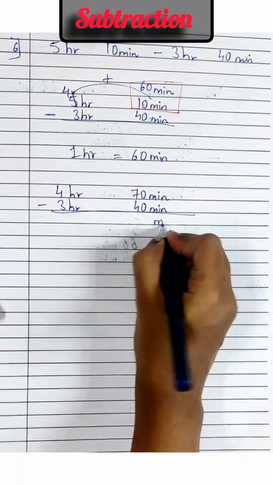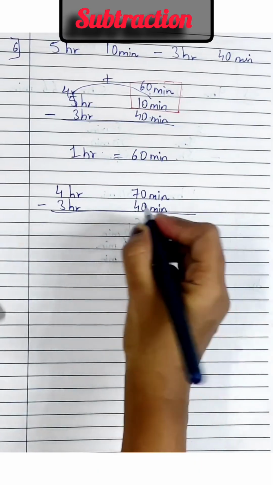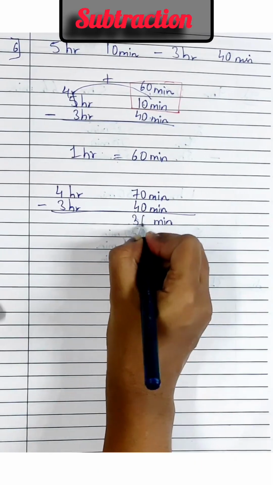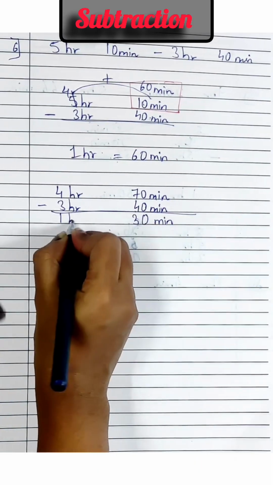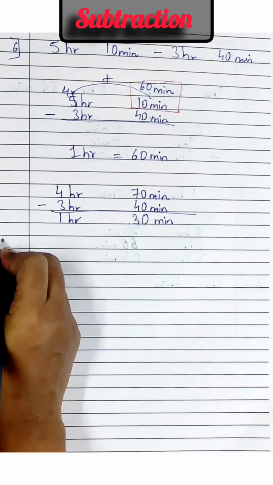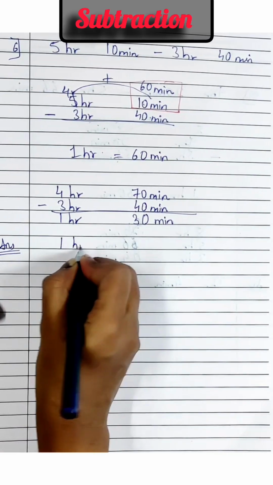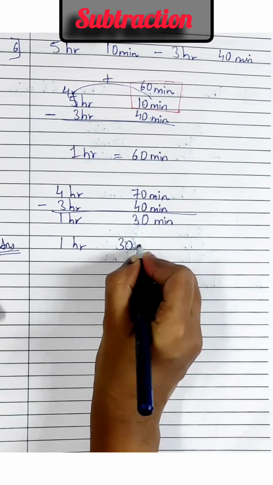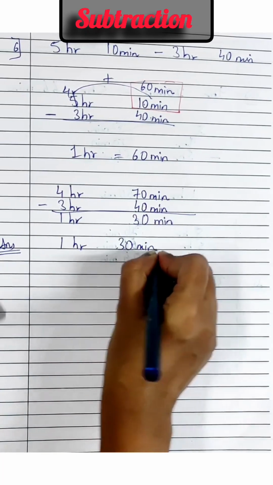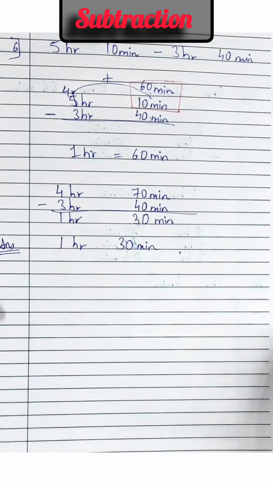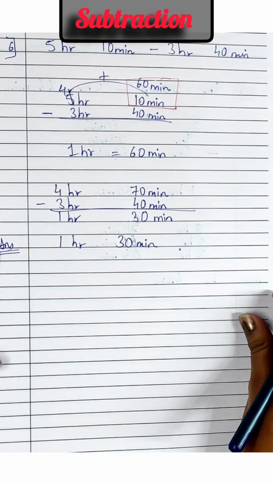So 70 में से 40 क्या तो क्या बचेगा? कितना बचेगा? 30. And over here 1 hour. So our answer will be 1 hour 30 minutes. Okay? Yes.